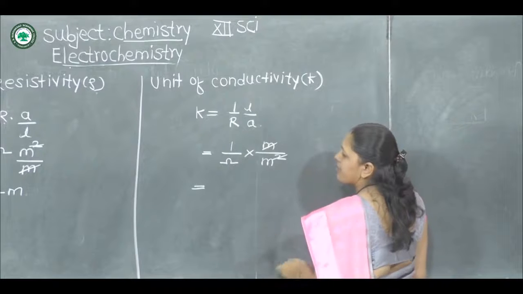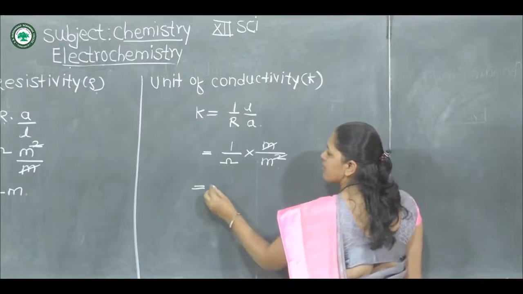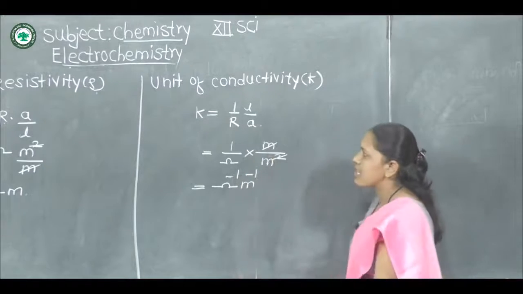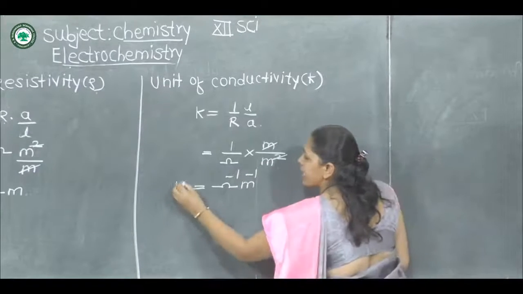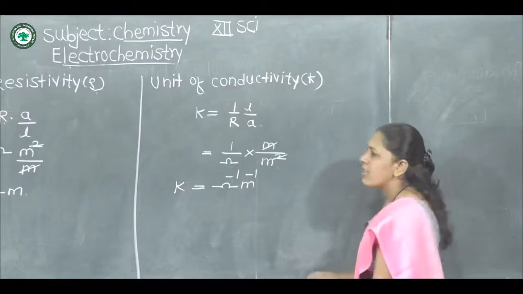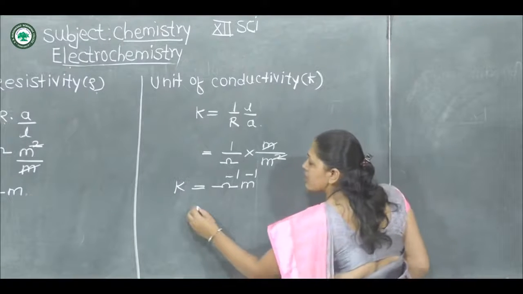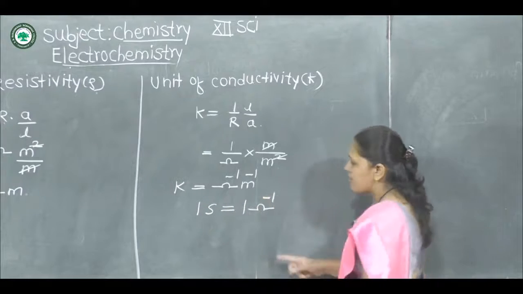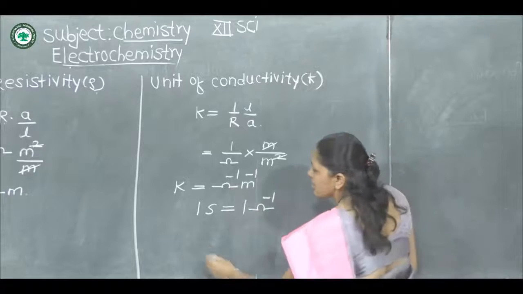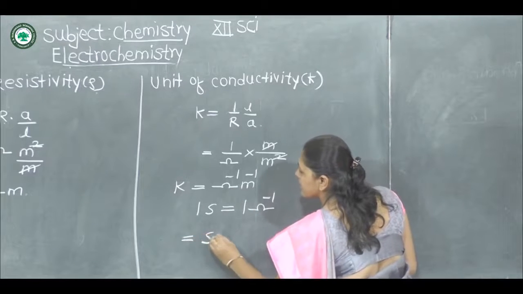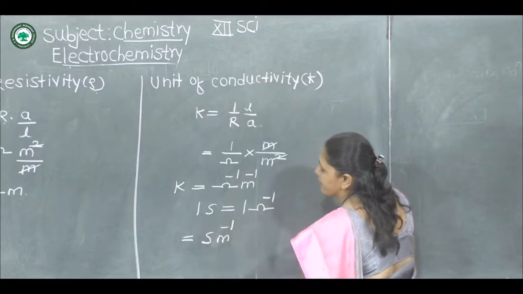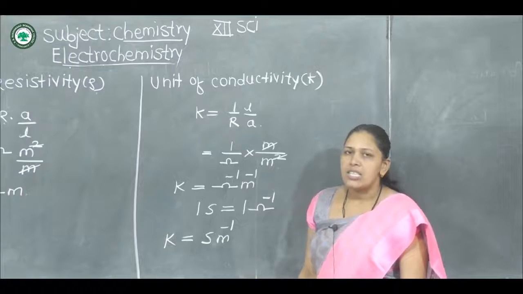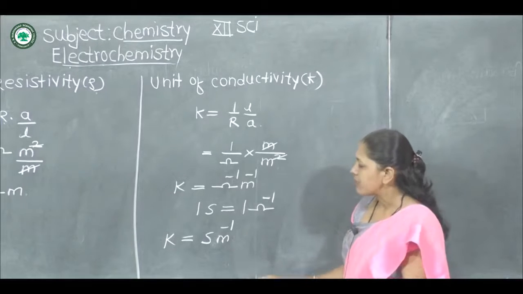Meter gets cancelled, then this unit becomes ohm inverse meter inverse. This is the unit of K, and we know that 1 Siemens is equal to 1 ohm inverse. By substituting, the unit becomes Siemens per meter. This is the SI unit of conductivity.